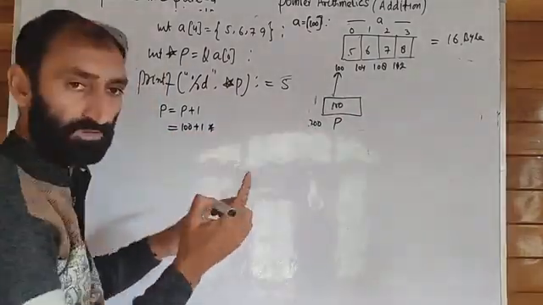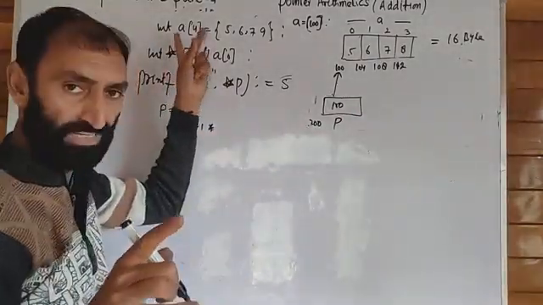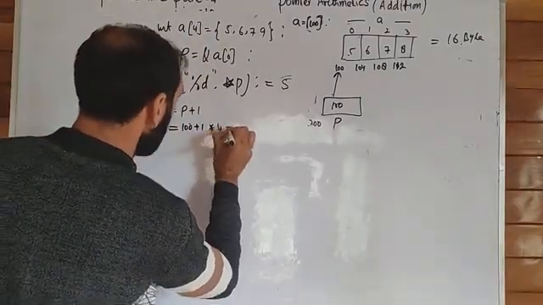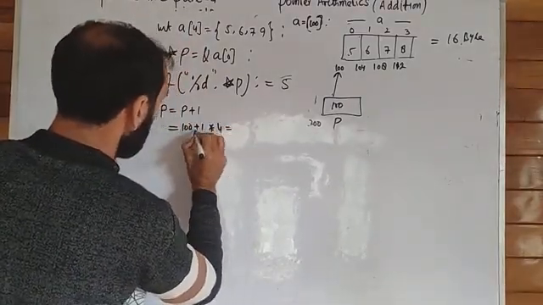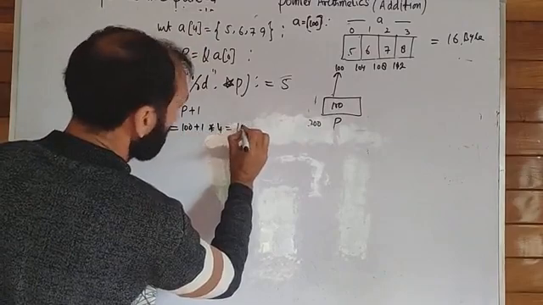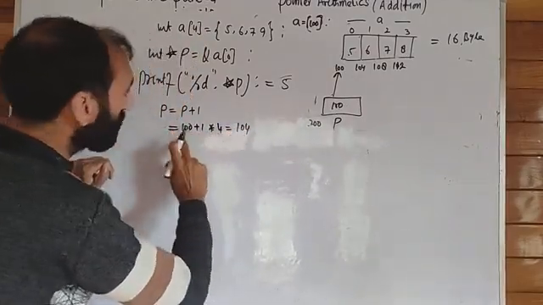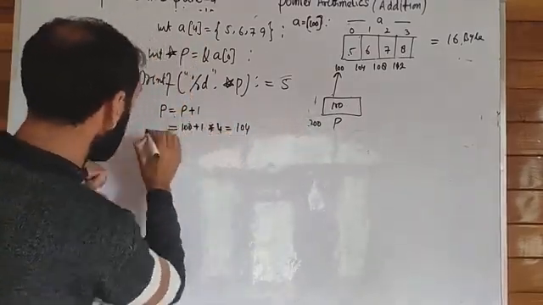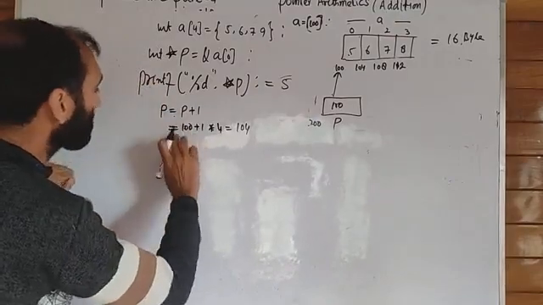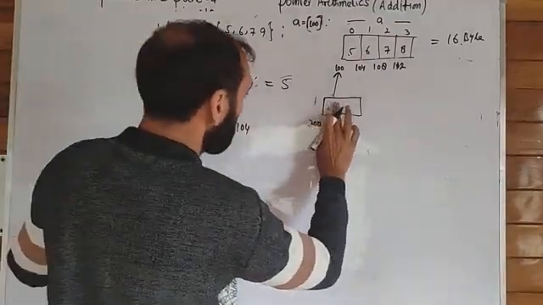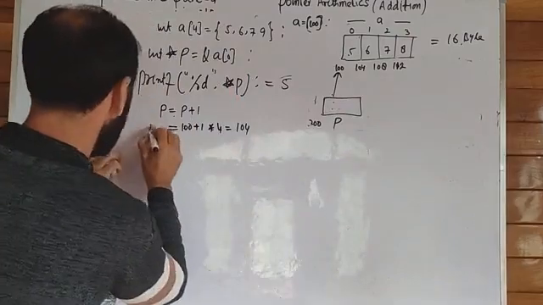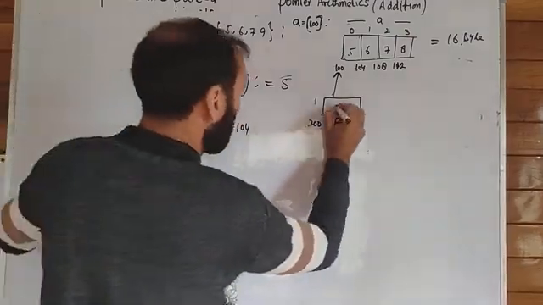The data type is integer, and the integer size is 4 bytes. So 100 plus 4 is 104. That means the new value of P will be 104.